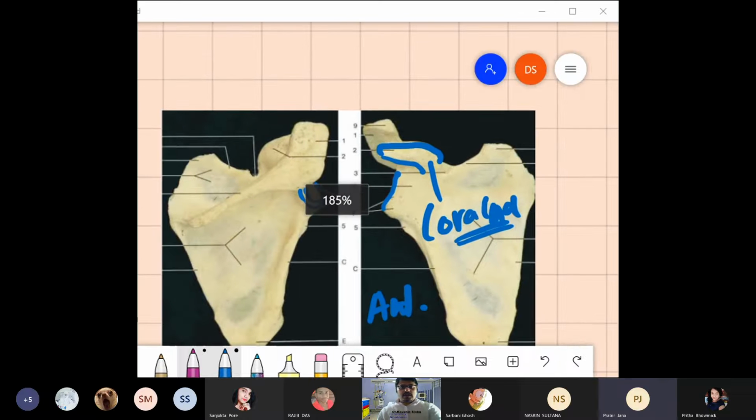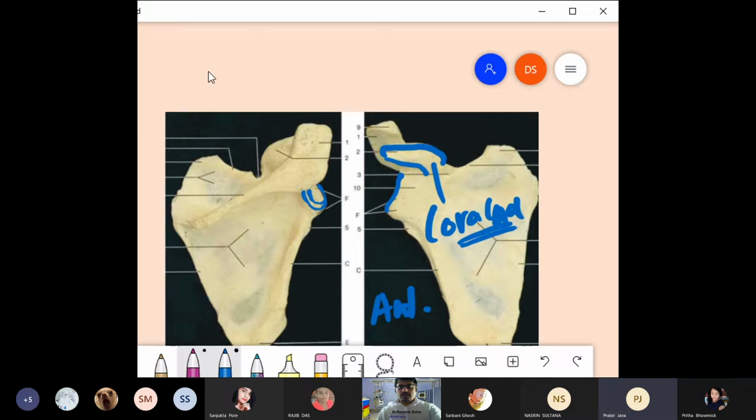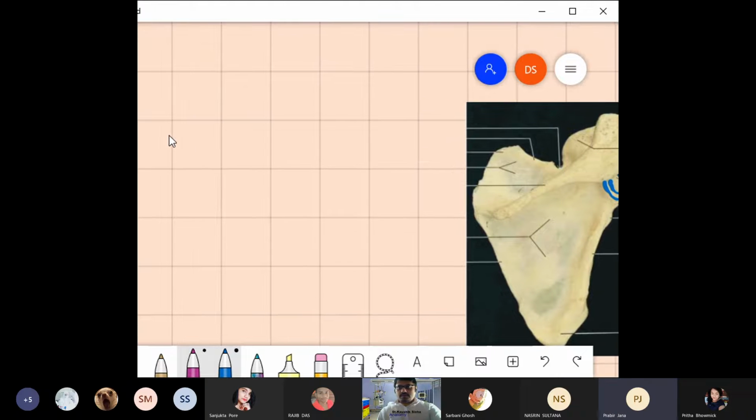Now, regarding the exact location of the supraglenoid tubercle, I will present here another diagram of the right side scapula to give you the idea of the exact location of the supraglenoid tubercle. So let me put the diagram here.